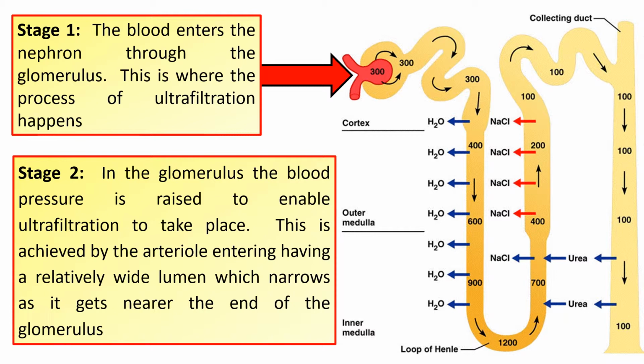This enables ultrafiltration to take place. This is achieved by the arteriole entering having a relatively wide lumen which narrows as it gets nearer the glomerulus. So as the blood moves through it, the pressure gradually increases.